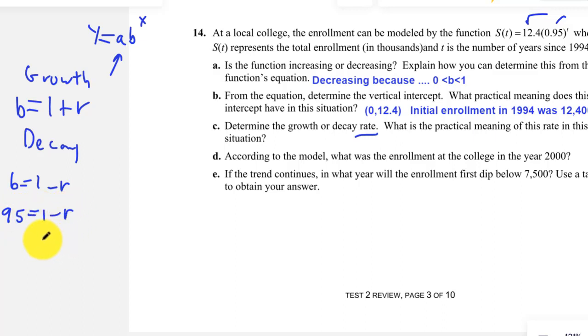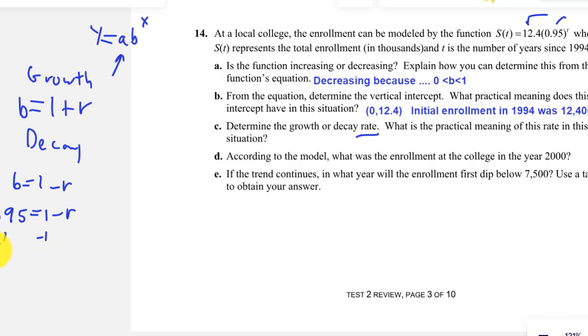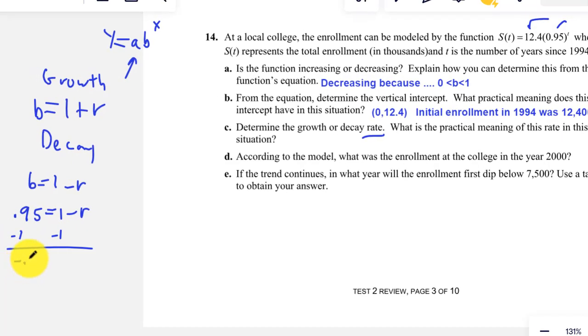So we have to solve this for r, which is the rate. So I subtract 1 from both sides. I get negative 0.05 equals negative r. So I can divide both sides by -1 to get 0.05 equals r. And as a percent, you move the decimal twice to get 5%.